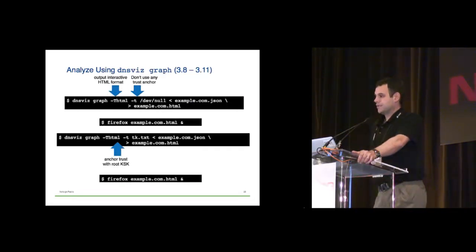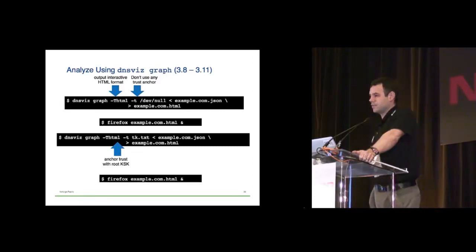All right, when you've had a chance to go through there, go ahead and do exercises 3.8 through 3.11, DNSViz graph. You're going to run this using HTML format. I told you there are several formats. The HTML format uses some JavaScript so that when you hover over, you can see certain JavaScript pop-ups that will tell you a little bit more about different components you're seeing in the graph.